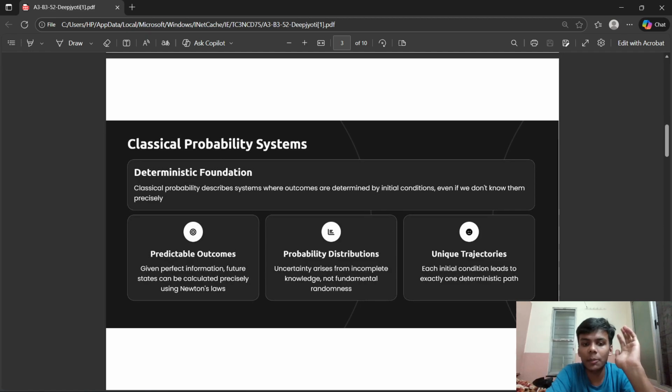State can be calculated precisely using Newton's law. So here we use Newton's law as a subject. Probabilistic distribution: uncertainty arises from incomplete knowledge, not fundamental randomness. And third, unique trajectory: each initial condition leads to exactly one deterministic path. So these are the three subtopics of the classical probabilistic system.